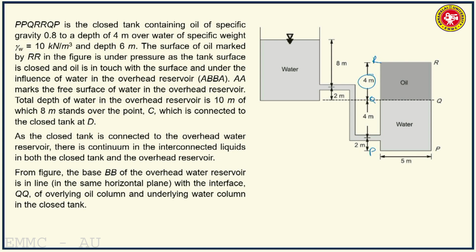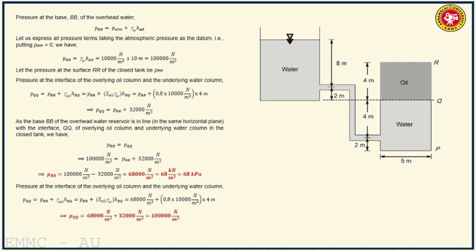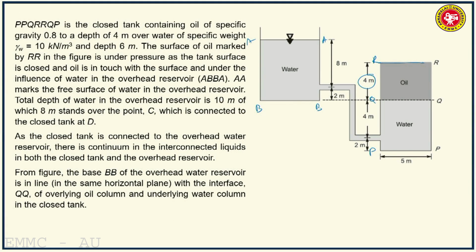The surface of oil marked by RR in the figure is under pressure as the tank is closed. It's a closed tank, and oil is in touch with the top surface of the tank, under the influence of water in the overhead reservoir ABBA. So AA marks the free surface of water in the overhead reservoir.